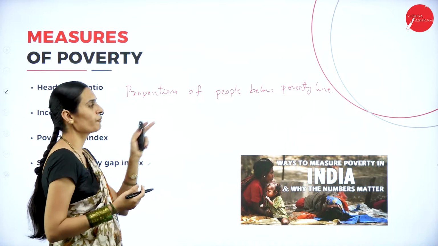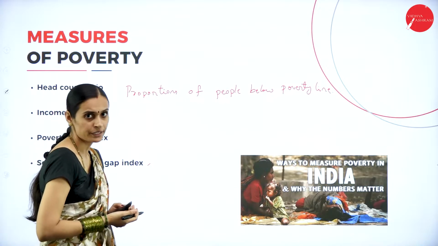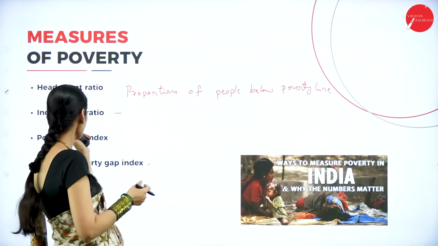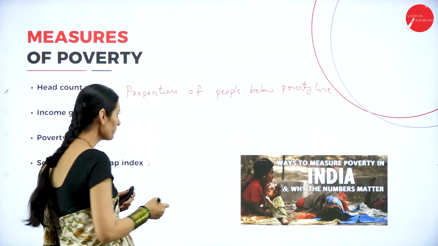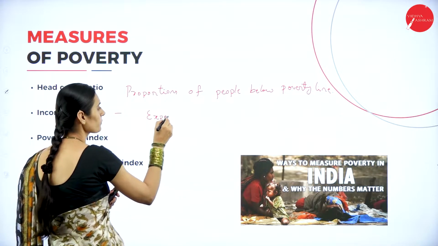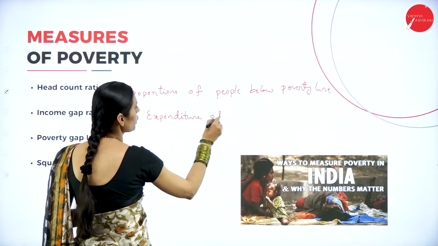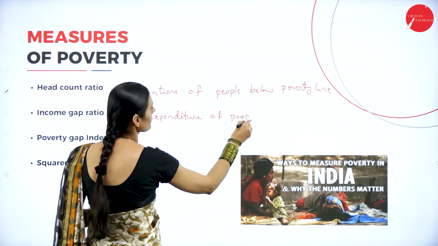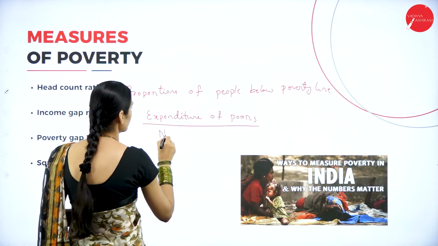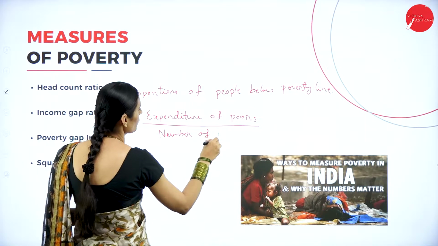Proportion of people below the poverty line, that is considered as the head count ratio. And the second one is the income gap ratio. According to the income gap ratio, it considers the expenditure of the poor divided by the number of people.